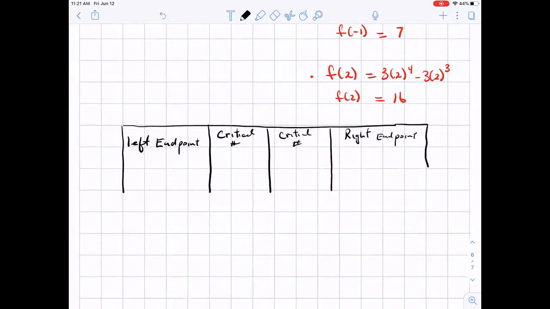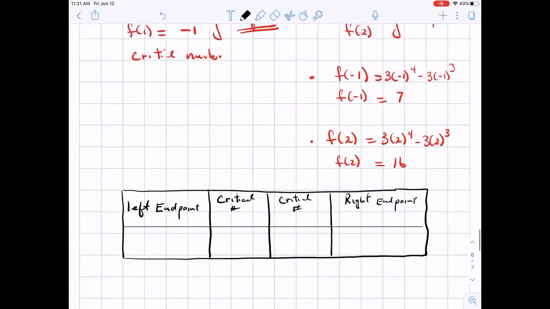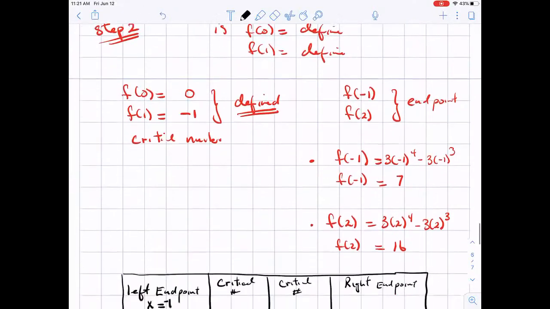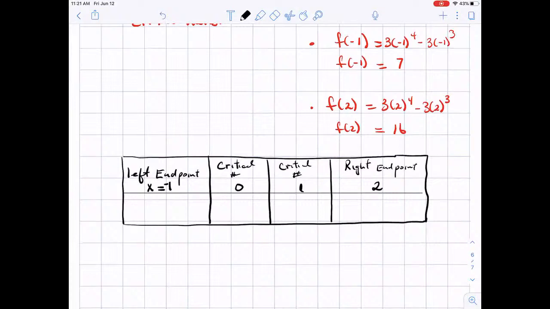Just a little way I like to do it. It puts stuff where I can clearly see what it is. So the left endpoint, x is equal to -1. The critical numbers are 0 and 1, and the right endpoint is 2.